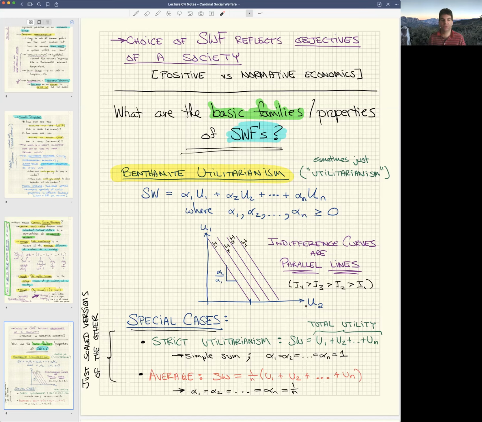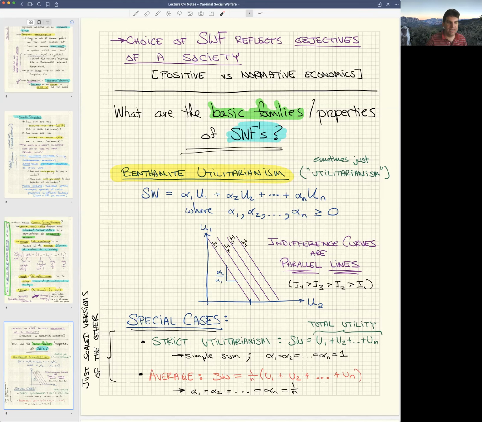The first example of that is the so-called Benthamite, named after Jeremy Bentham, an important thinker in utilitarianism. So the Benthamite utilitarian social welfare function.